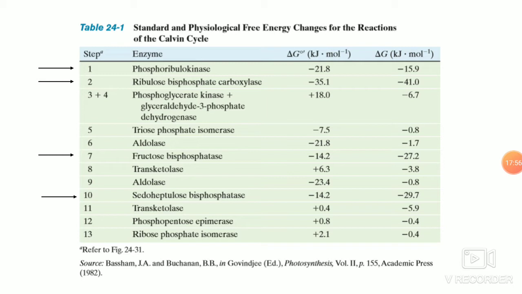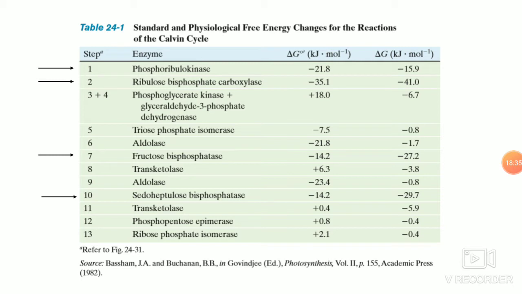So the control of the flux of a metabolic pathway occurs at key enzymatic steps, which take a long time to reach equilibrium, because they have large negative values of delta G. If you see in this table, the 4 best candidates for control of Calvin cycle are the reactions catalyzed by phosphoribulokinase, ribulose bisphosphate carboxylase, fructose bisphosphatase, and sedoheptulose bisphosphatase.